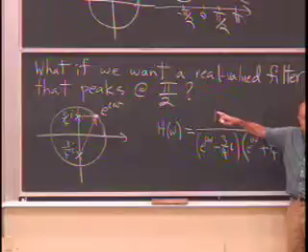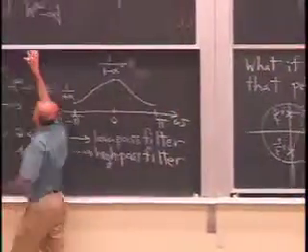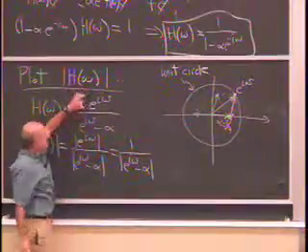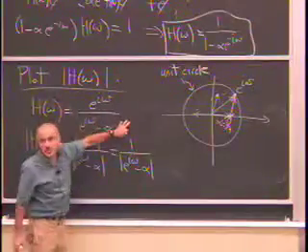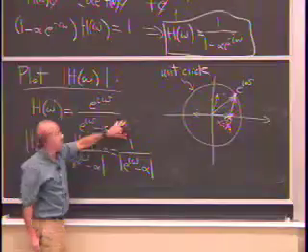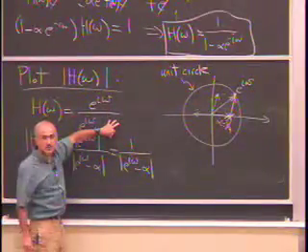I made a point about this filter having a frequency response that's of the form of a polynomial in e to the i omega over a polynomial in e to the i omega. In high school, you guys studied ratios of polynomials, or if not that, then certainly in your calculus class.